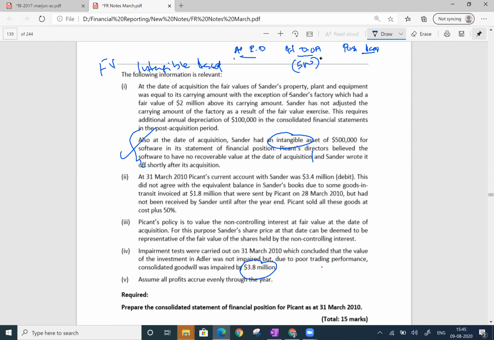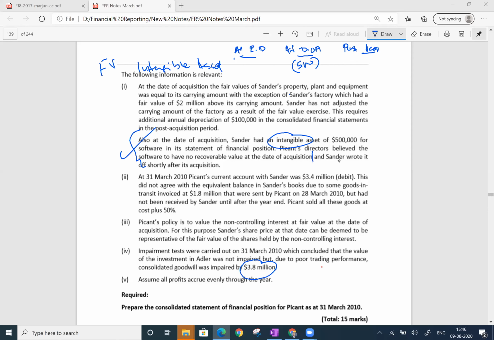So you're bringing brand name into the books. That is why we added an intangible asset in one of the questions we have practiced. Here, there is an existing intangible asset, but directors of the parent are saying that it doesn't have any value. So you have to remove it. It is a revaluation downward. So instead of plus, it's a minus 500.